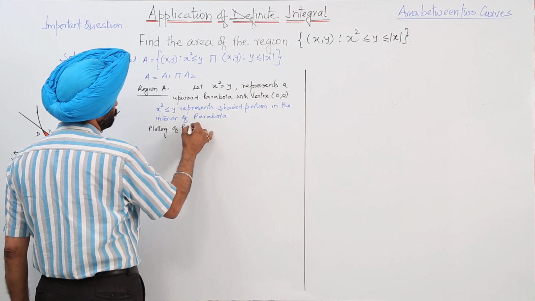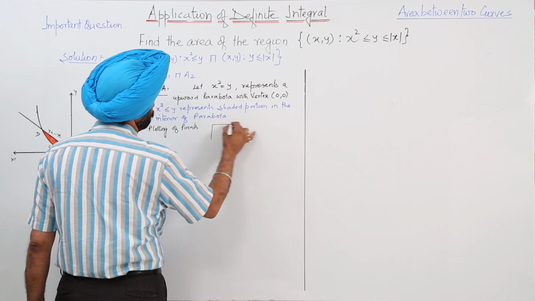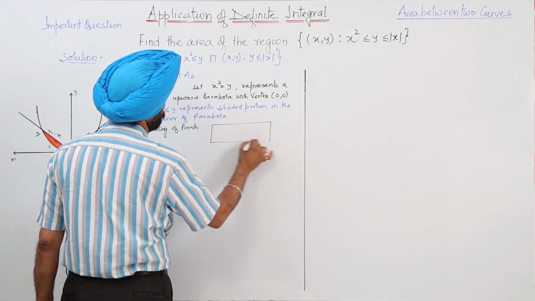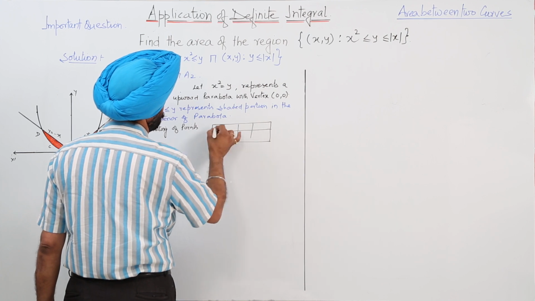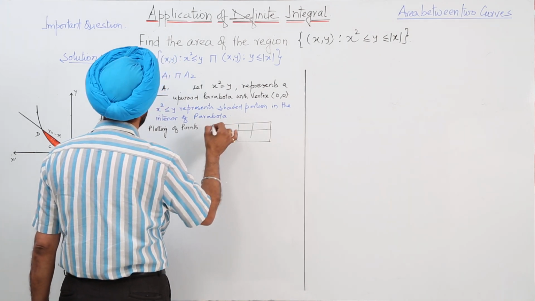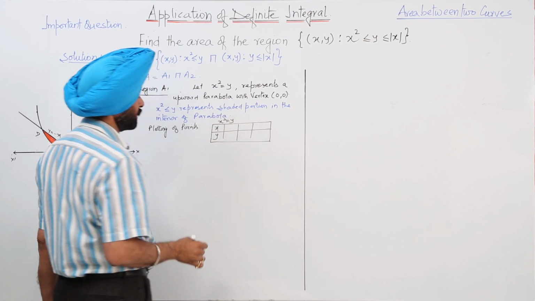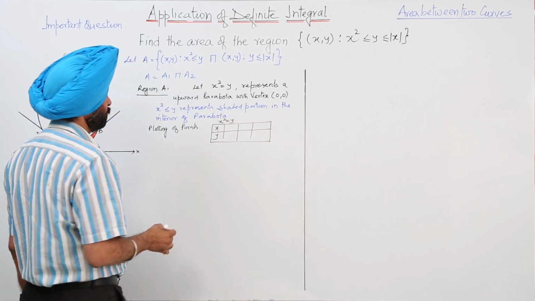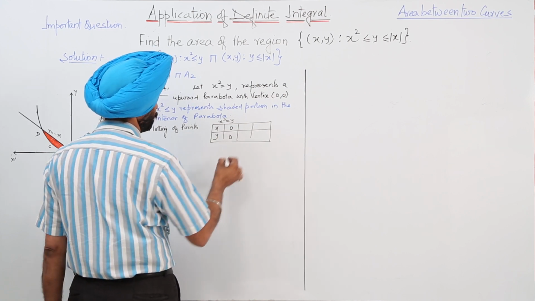Plotting of points x and y with x² = y. Okay. Now when y is 0, x is 0.